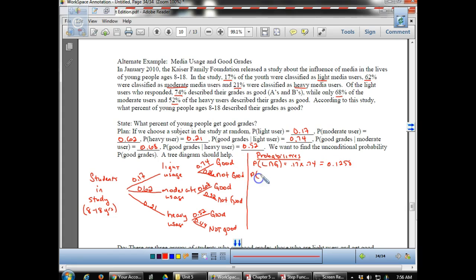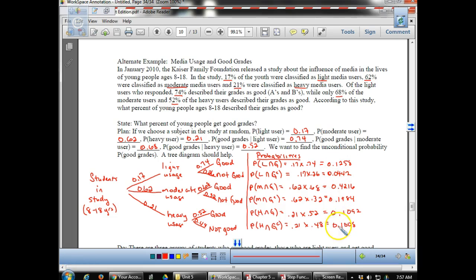Okay, so the probability of light and not good is going to be 0.17 times 0.26, and that's going to give us 0.0442. Okay, so I'm going to pause the video now, and I want you to actually fill this in, and we'll check back in.